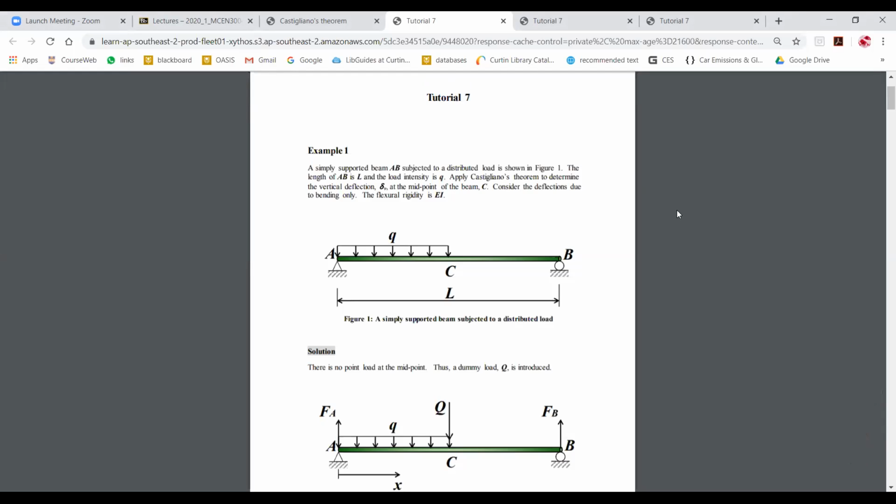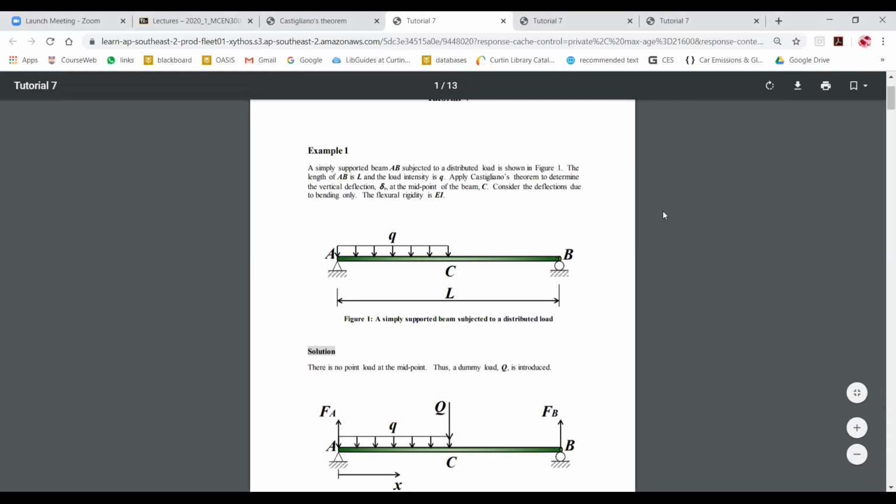I think your mic is muted. Can you scroll down? Shenal, can you hear her voice?